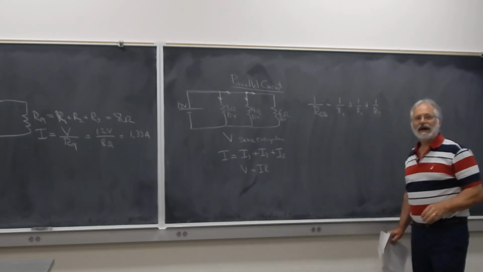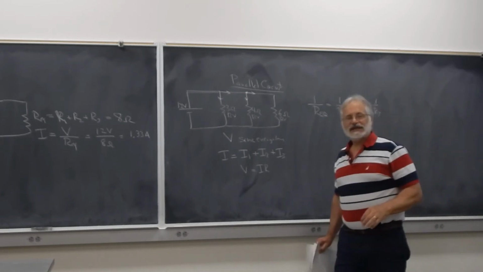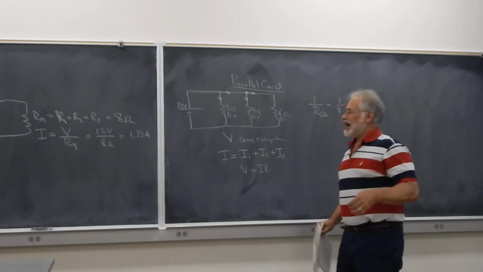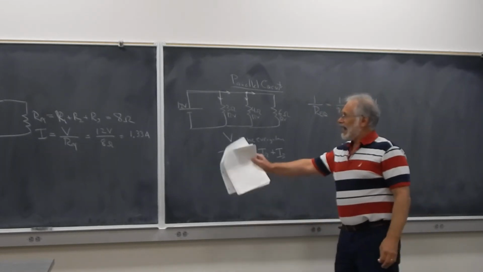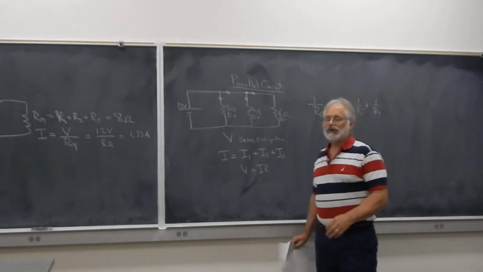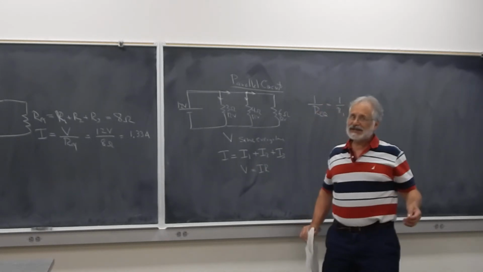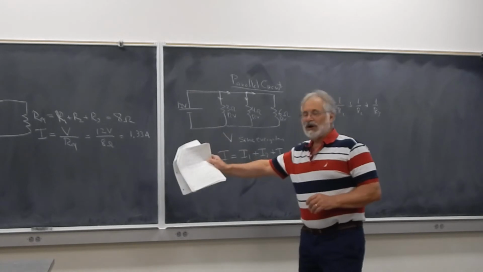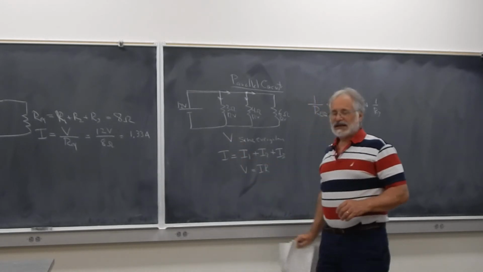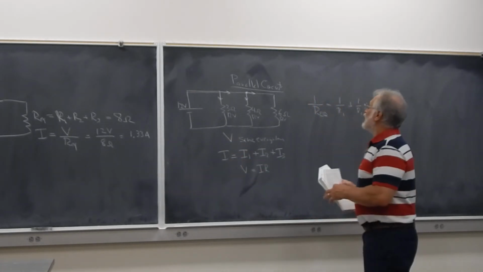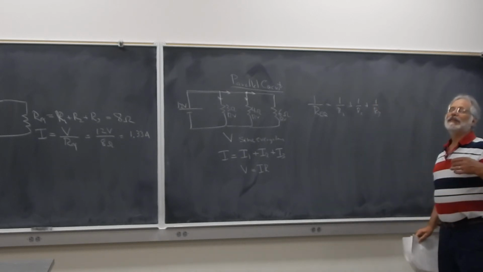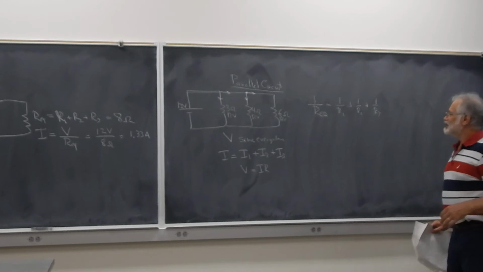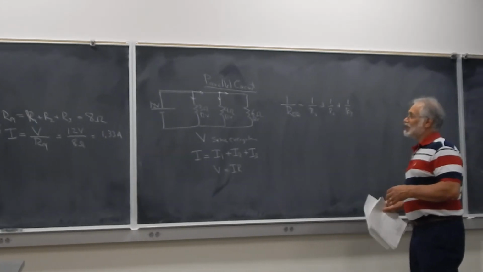Notice the similarity between resistors and capacitors. When resistors are in series, we add the resistances to get the equivalent resistance. When capacitors are in series, we do 1 over to get the equivalent capacitance. In parallel, resistances go as the reciprocal, capacitors simply add. So there's a difference between those two.